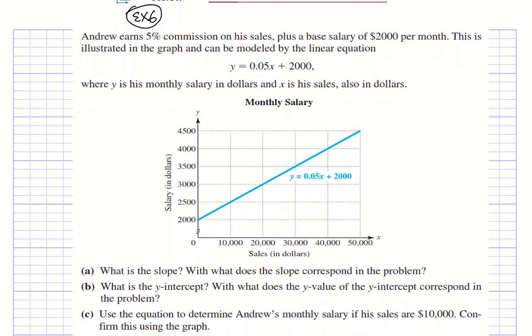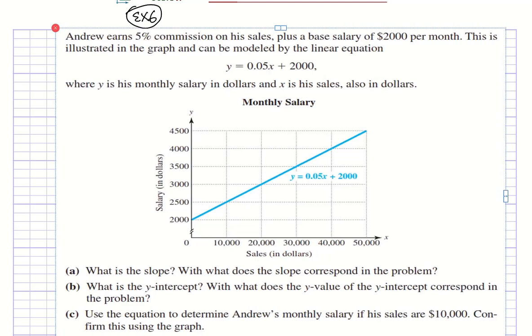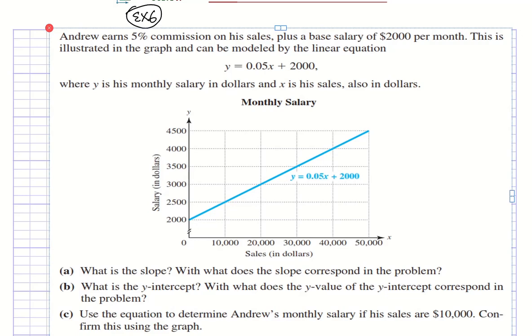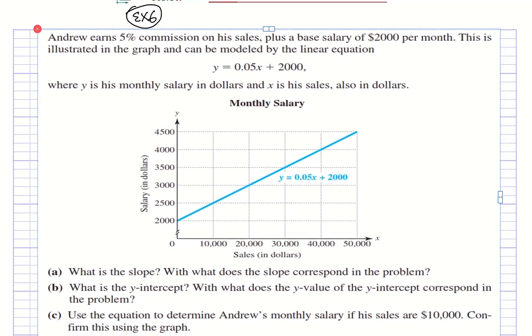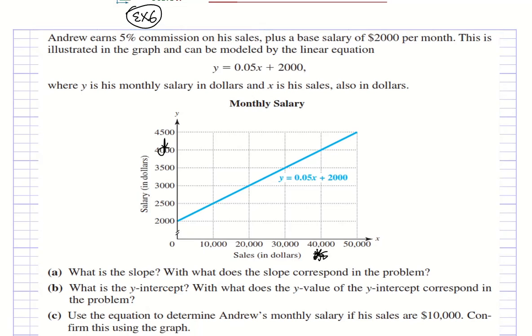Make sure you keep your eyes over here: sales in dollars on the x axis, and the salary in dollars on the y axis. Let me make it a little lighter, that way you can see a little more.